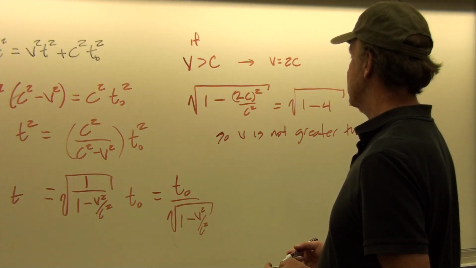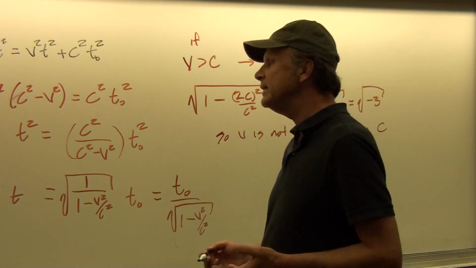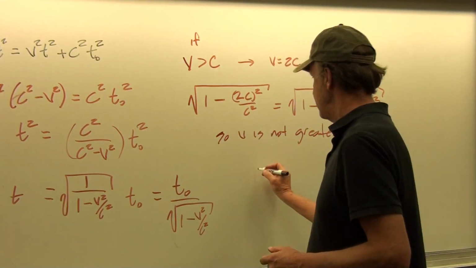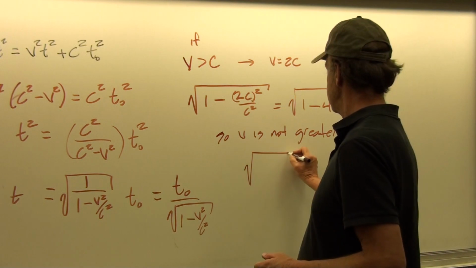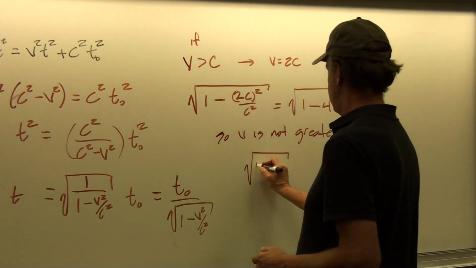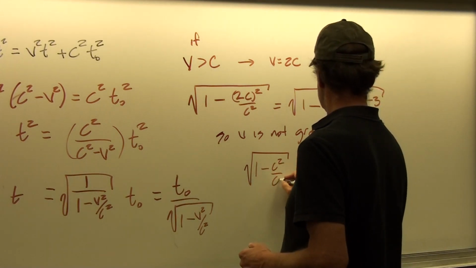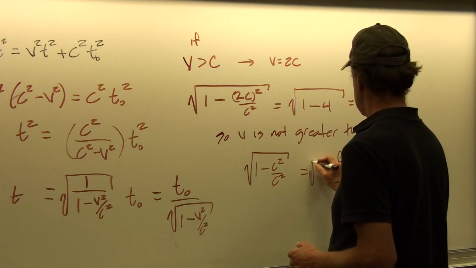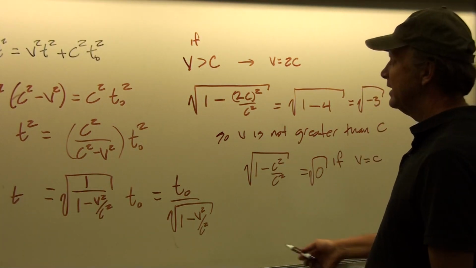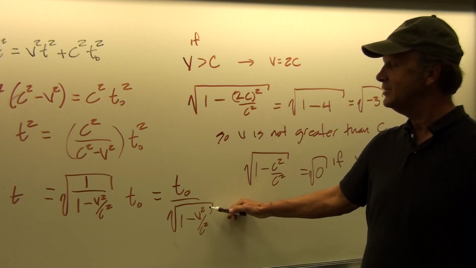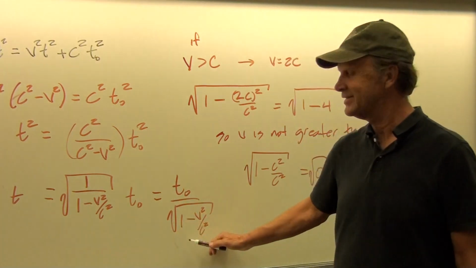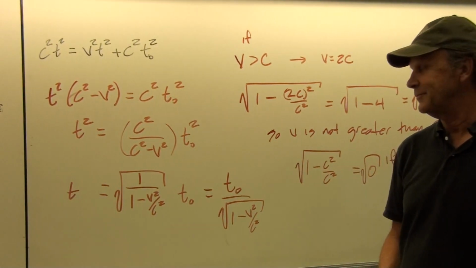And so the other thing we could ask is, what about v equaling c? If v were equal to the speed of light, then you get the square root of 1 minus c squared over c squared, which is the square root of 0. So it seems like that's not creating any problems until you put it back into this equation and you see that t then goes to infinity, because you're dividing by 0, in the limit as v goes to c.